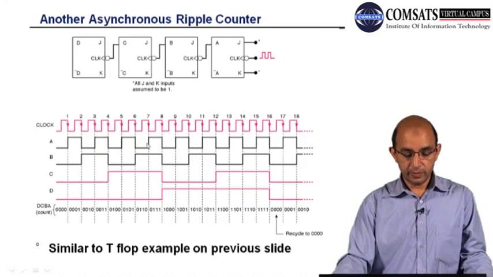So this will continue like this, toggle, toggle, and we will be switching between zeros and ones. Remember, this A is the input for this clock, so you can say that this is the clock for the B flip-flop.